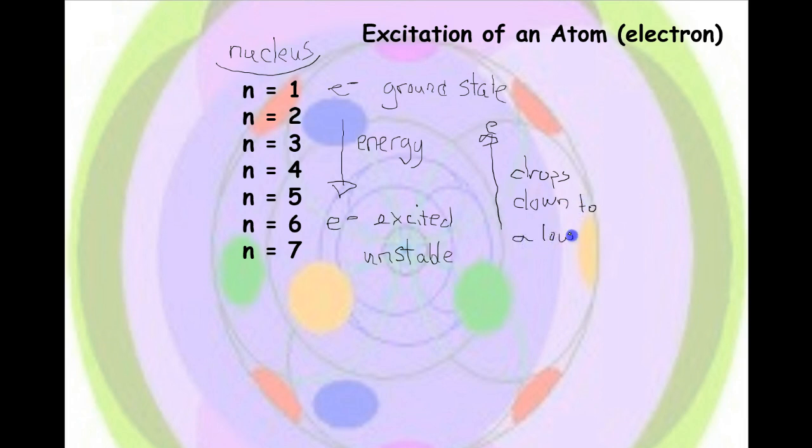And whenever it does that, it has to release that excess energy. And it releases energy in the form of a photon. I hope you're writing this down because it's an essay question. Releases energy in the form of a photon.